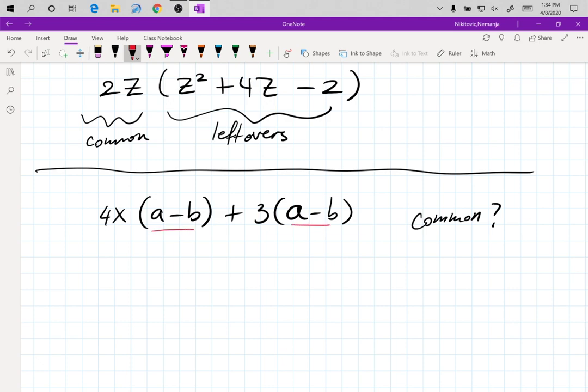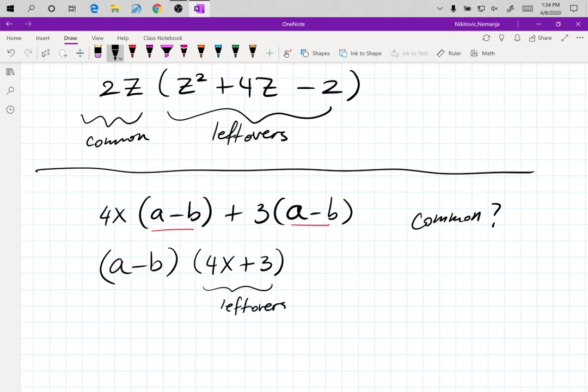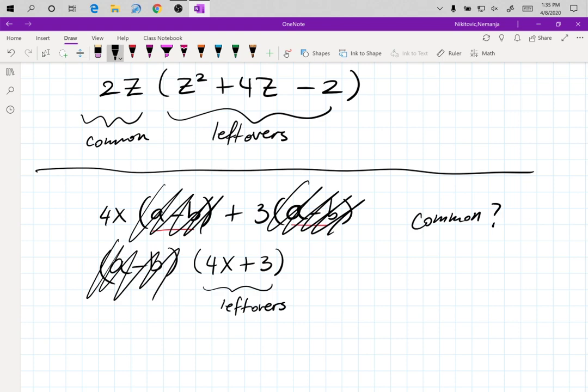Well, a minus b is common. So, (a minus b), and then (4x plus 3). These are leftovers. Because once I kick out what's common in both, which is this and this, that's common and that goes here, you see that the leftovers are 4x plus 3.